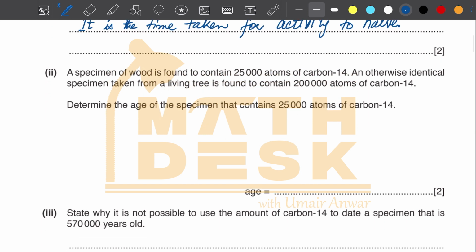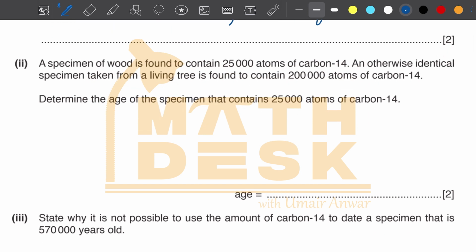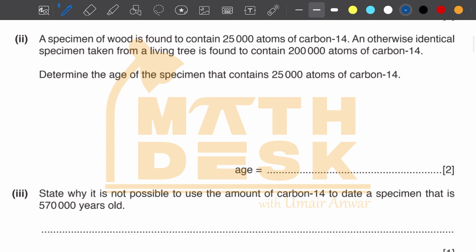Okay, the next part says a specimen of wood is found to contain 25,000 atoms of carbon-14. An otherwise identical specimen taken from a living tree is found to contain 200,000 atoms of carbon-14. Determine the age of the specimen that contains 25,000 atoms of carbon-14. Since a living tree contains 200,000 atoms of carbon-14, we start with this number.